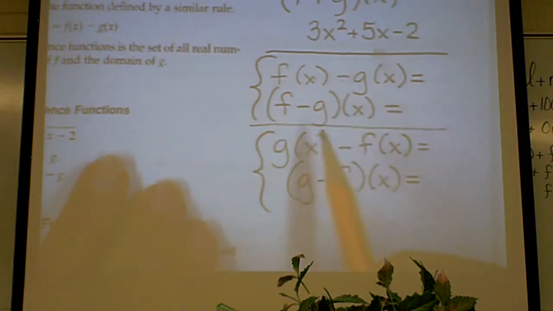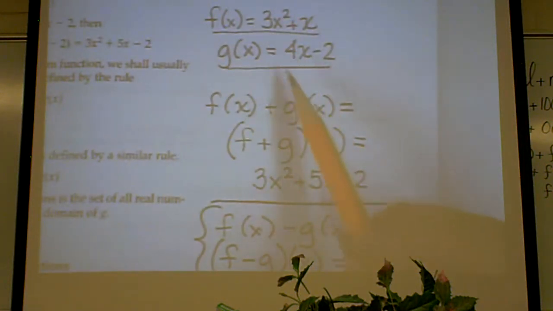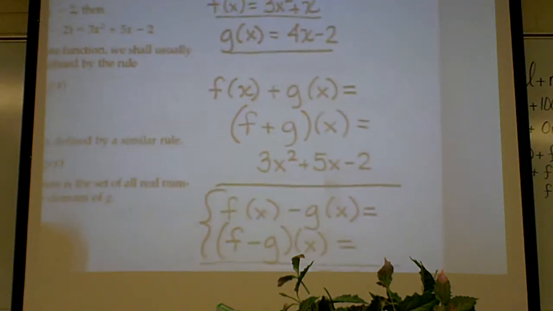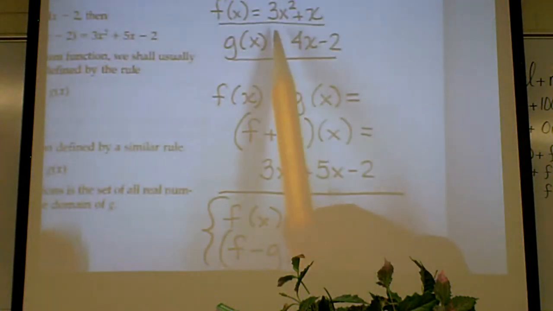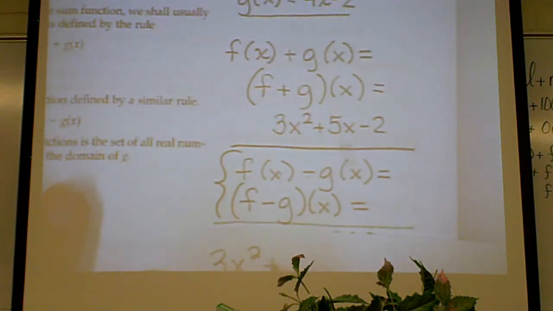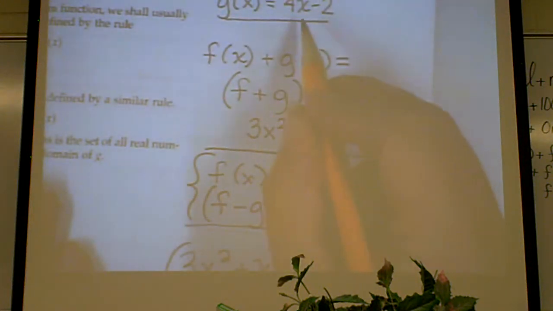So if you saw this problem, what would you do? If you saw f minus g of x or this one, what would you do? Distribute a negative to the g of x. Yep, and simplify. So what would be your answer for this one right here? You would have 3x squared plus x, and this is where people will mess up, they forget to distribute.